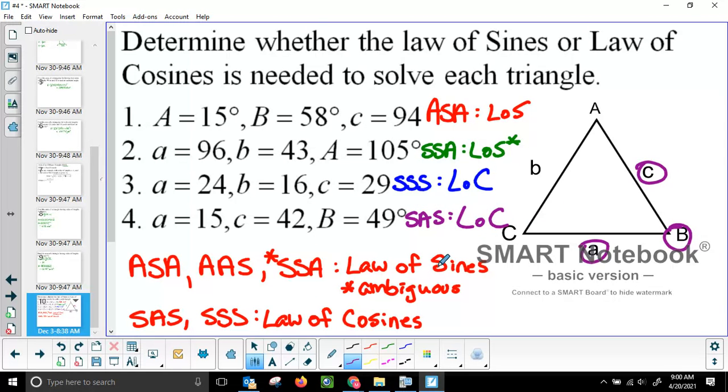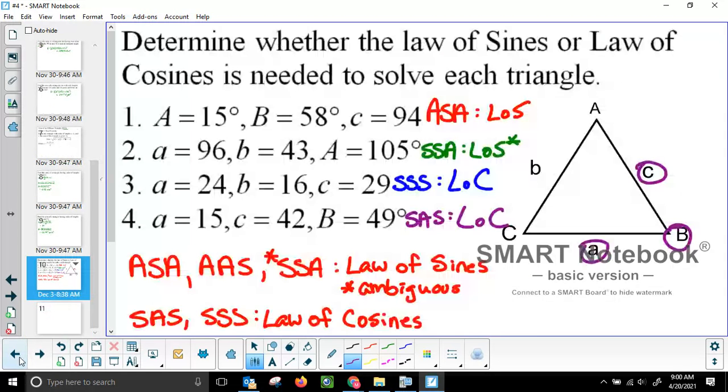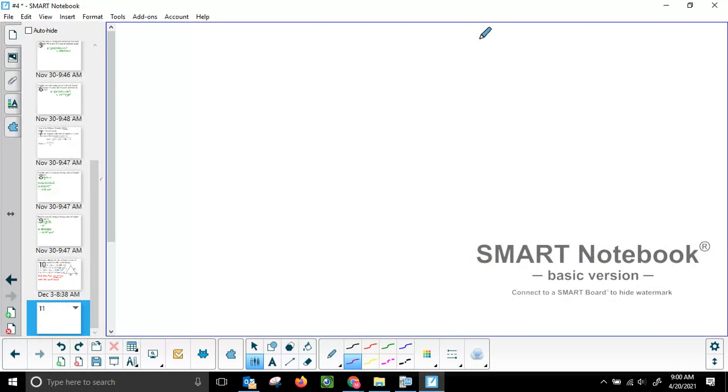All right, good times. And that's it for the day. Your assignment is up on Delta Math, and it only deals with the area of triangles. You already had assignments over law of sines ambiguous case and law of cosines, so I felt you should already have had ample practice in those areas.